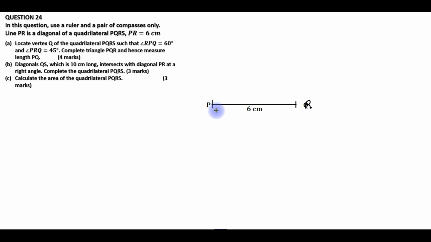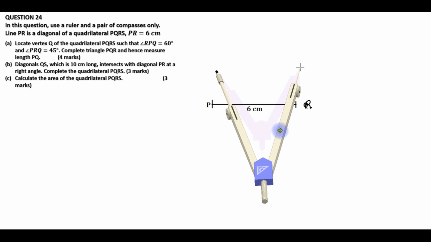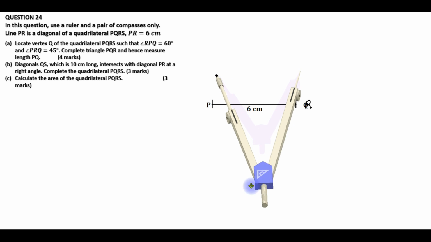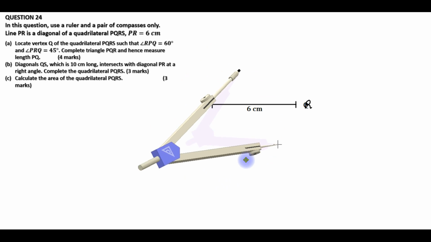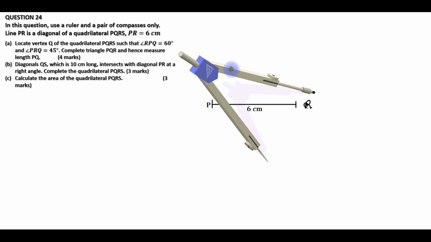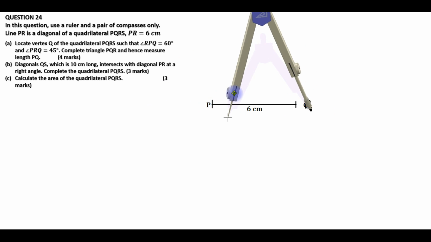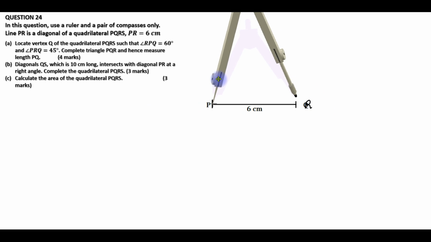From here, we have already been given the length PR, which is 6 centimeters. So we need to construct an angle of 60 degrees at P. So we use a compass. We have a compass here, and that's what we are going to use to construct an angle of 60 degrees.